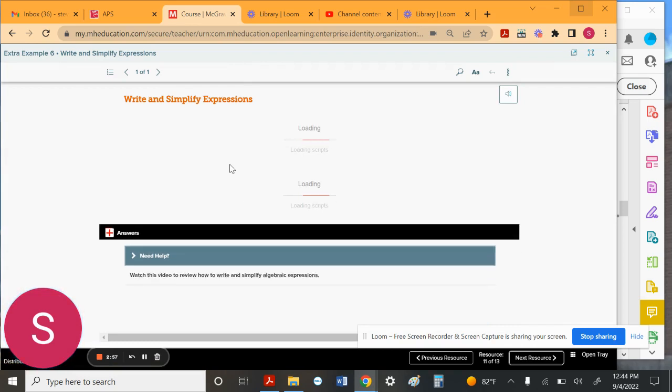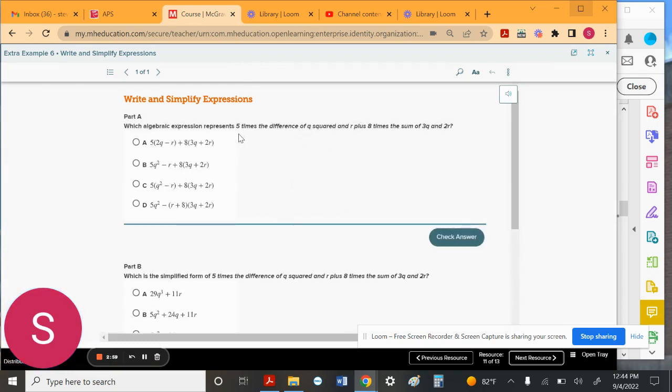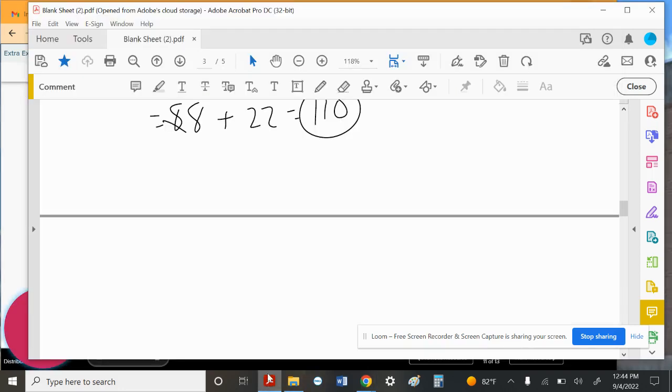Okay. And now write and simplify expressions. That just means if I have a problem that I have to write, and I'm trying to remember what this one is. Oh yeah, 5 times the difference of q squared and r.